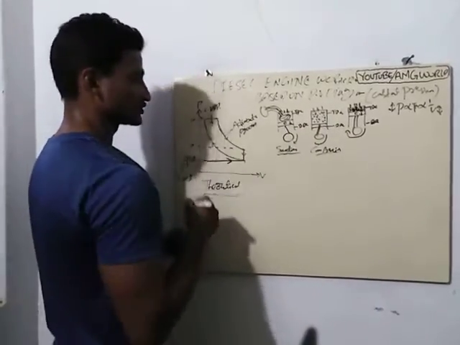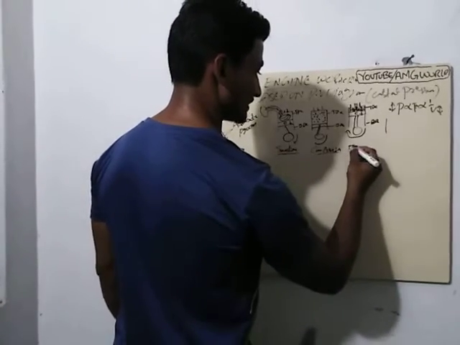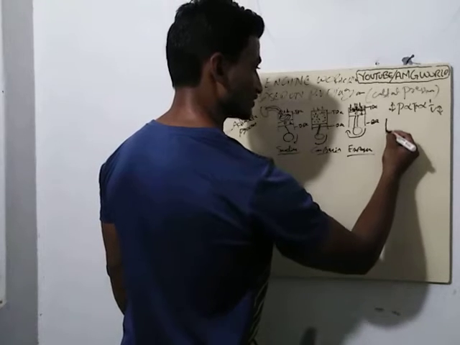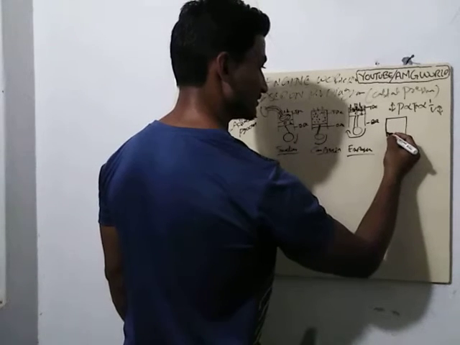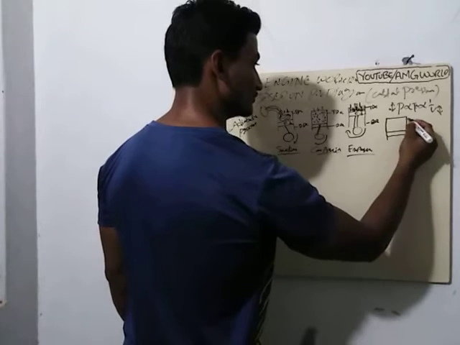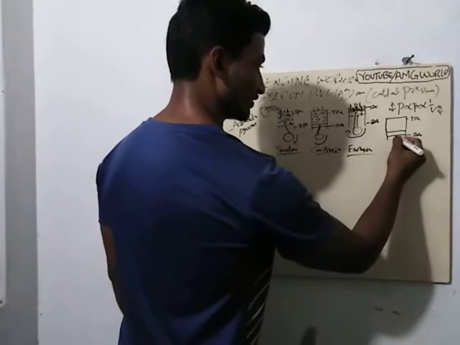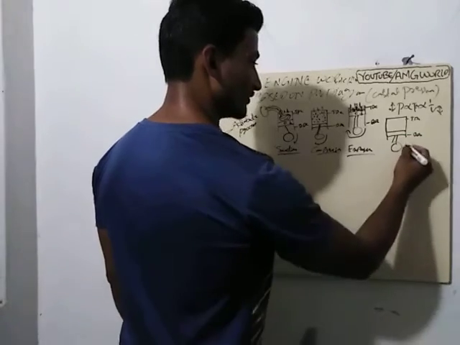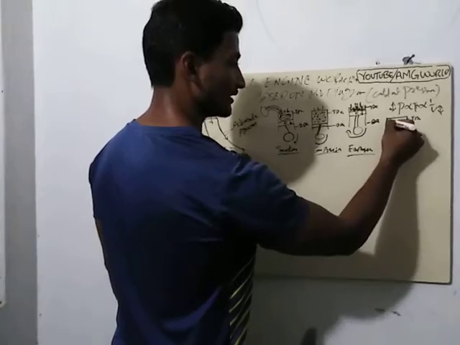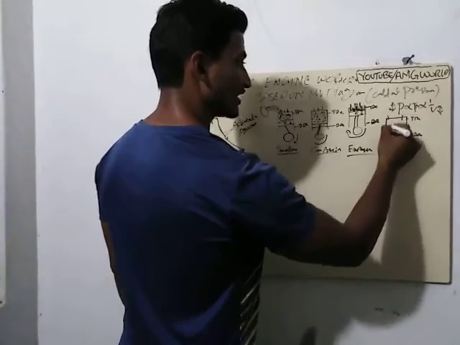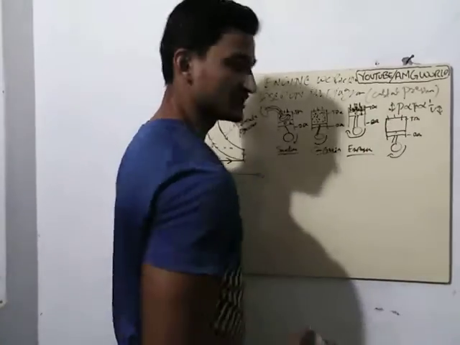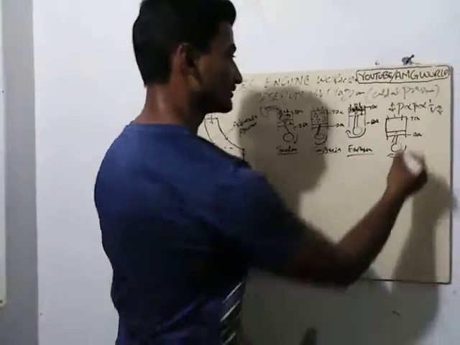And we have the exhaust stroke, right? Next, after the expansion, we have the exhaust stroke. Here is the piston, and the piston travels from BDC to TDC. In this stroke, the crankshaft is rotating, the piston travels from BDC to TDC, and at this condition the exhaust valve is open, the inlet valve remains closed, and the fuel valve is set to cut off.